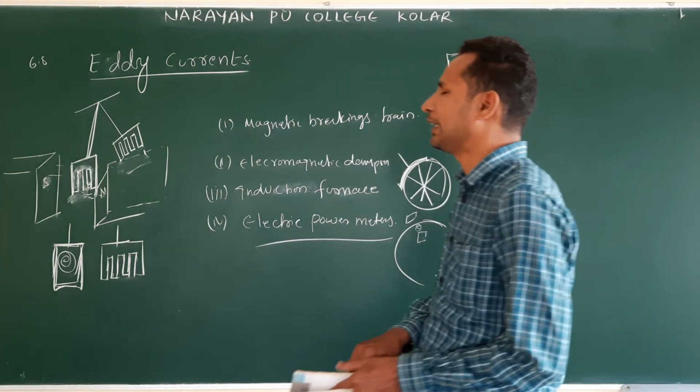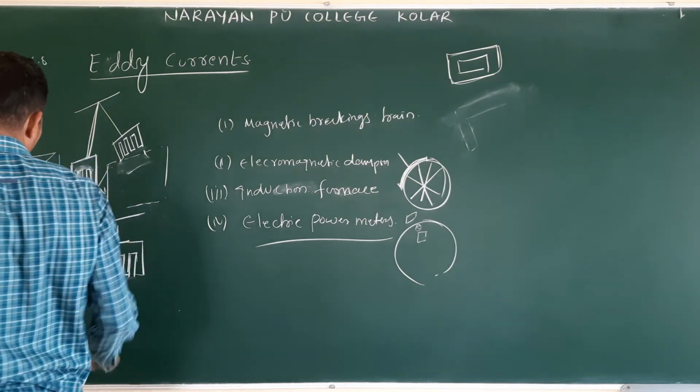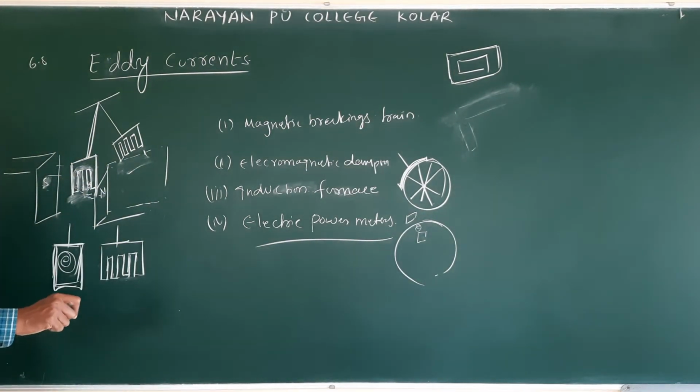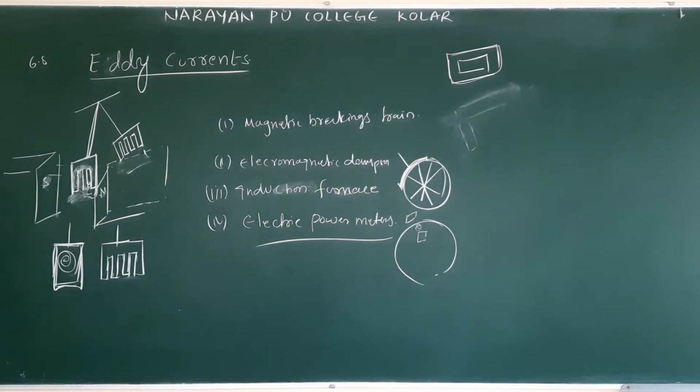Clear? By making a cut and by laminating. Ultimately, whatever procedure we take, it disturbs the circular flow. If we disturb the circular flow, that reduces the eddy currents. Clear?